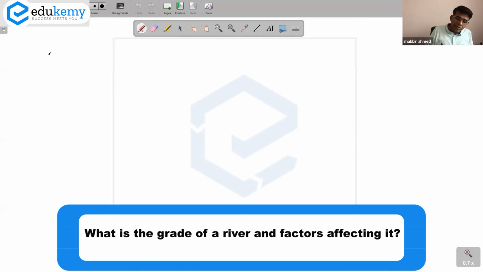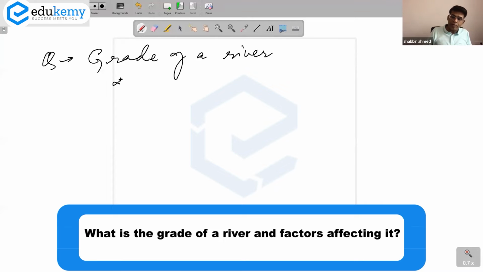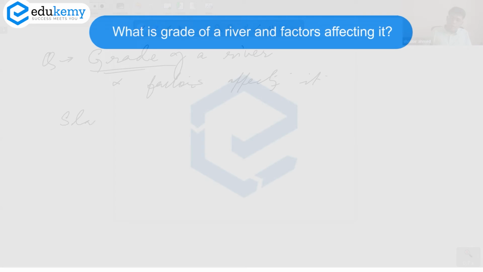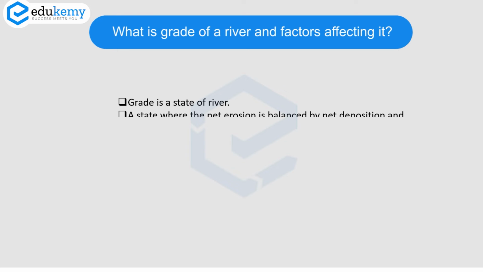Next concept is what is the grade of a river and the factors affecting it. So grade is a state of a river. Grade is the condition of a river where the net erosion is balanced by net deposition, and the river performs the role of transportation.